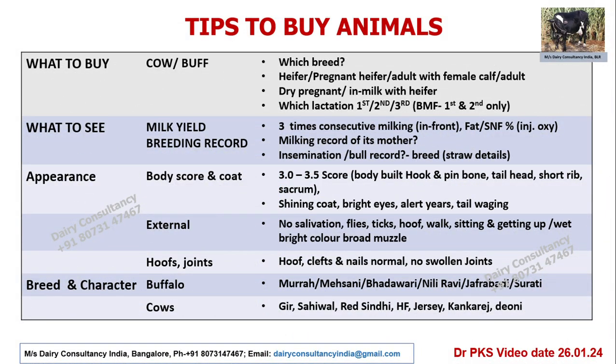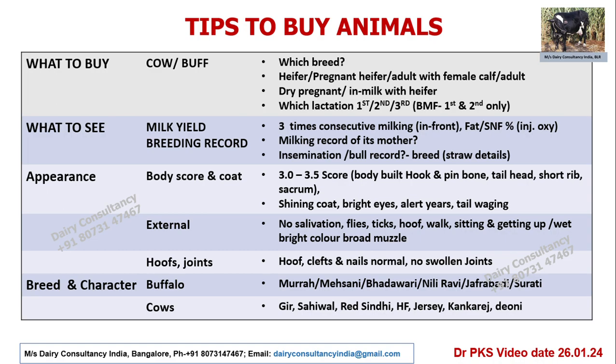Now let's see what the tips are. Tips are actually about what to buy. Is it a cow or a buffalo, and which breed? If the breed is decided, suppose you are going to buy a cow, then are you going to buy a heifer, a pregnant heifer, an adult female with calf, or an adult dry animal which is already pregnant and will be delivering later on?